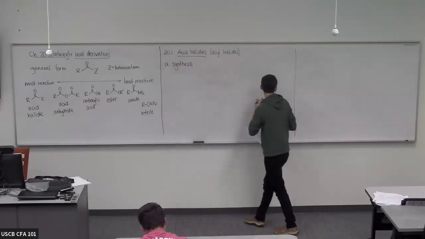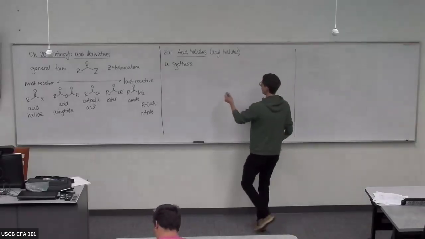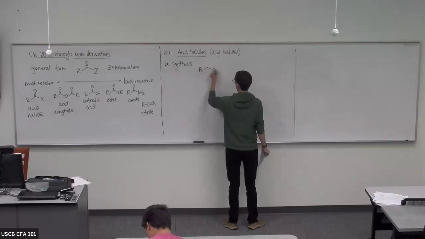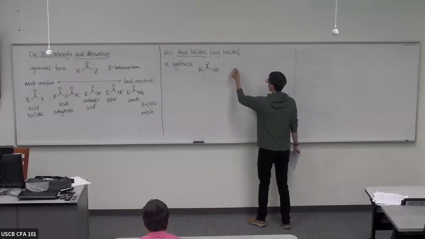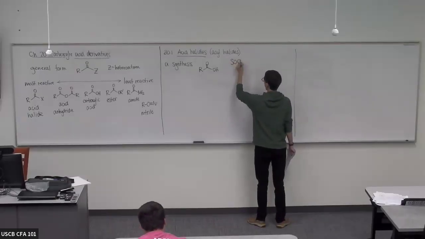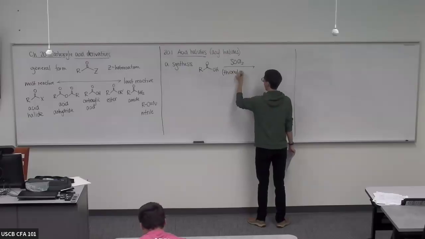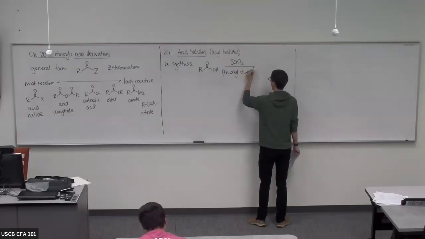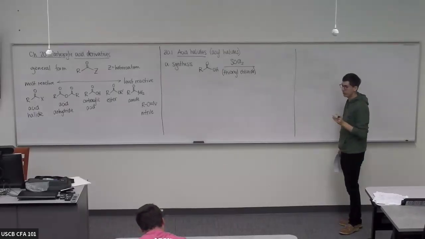Okay, so how do we make acid halides? There's basically one reaction here. We start with carboxylic acid and treat it with SOCl2, which is thionyl chloride. Pretty nasty stuff.